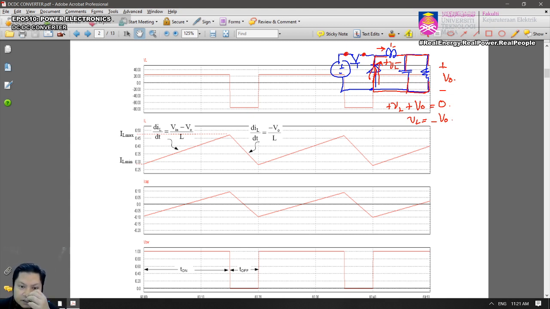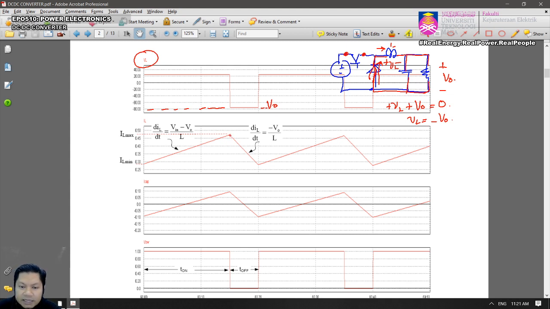So you can look at this. This is a negative voltage. So this is VL, voltage constant. So this is actually negative Vout, right? Okay. So there is a negative voltage across your inductor, causing the current to linearly fall.